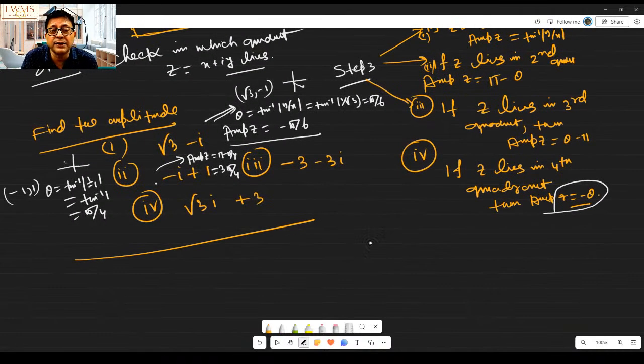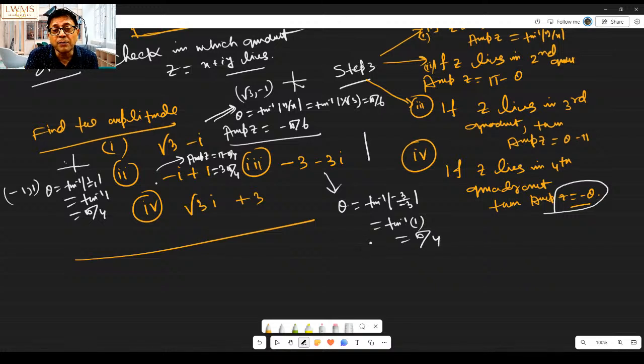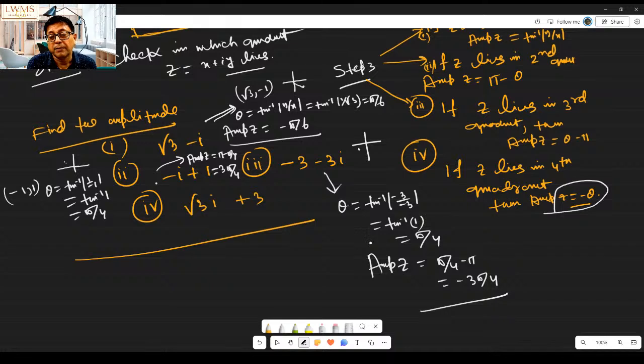When you are going to find here, theta is tan inverse y by x. Tan inverse 1, pi by 4, and the complex number lies in the third quadrant. So amp z is going to be pi by 4 minus pi, minus 3 pi by 4.